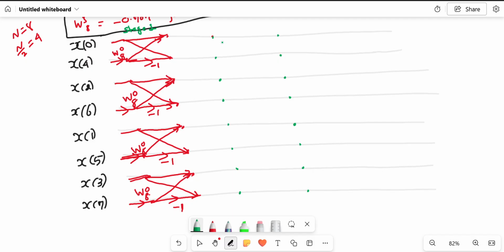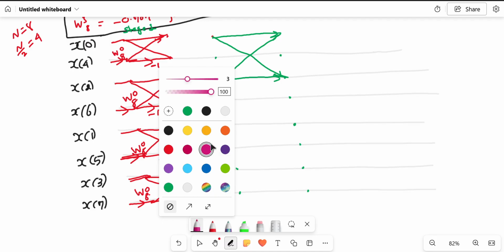So this is the first butterfly. The second butterfly, we will take another color, pink. This is the second butterfly.